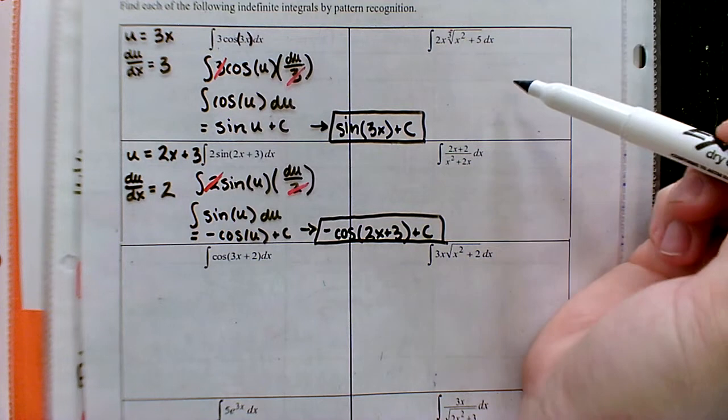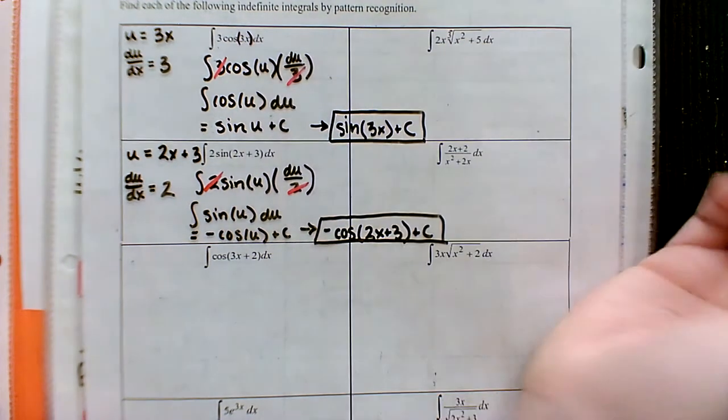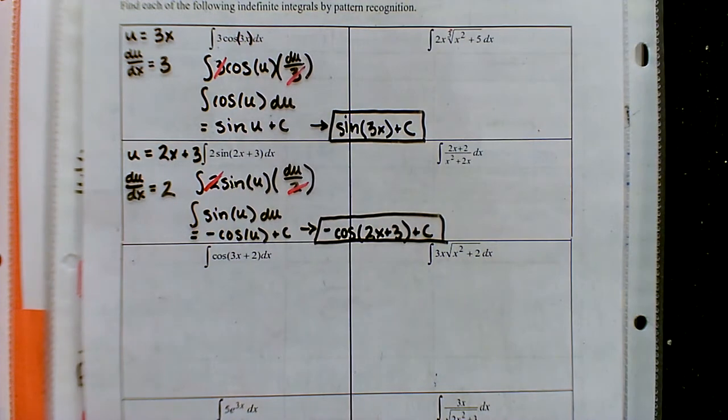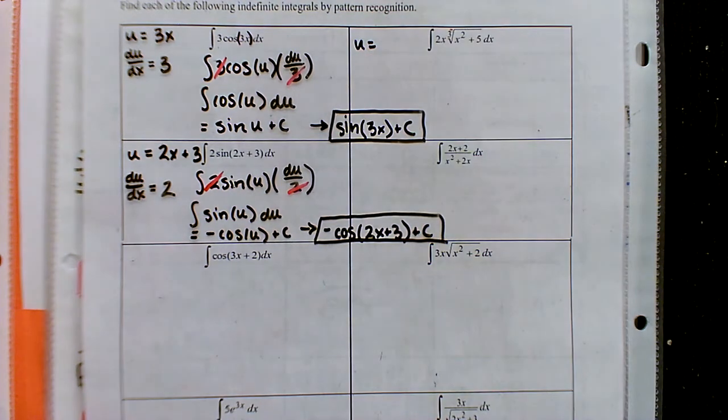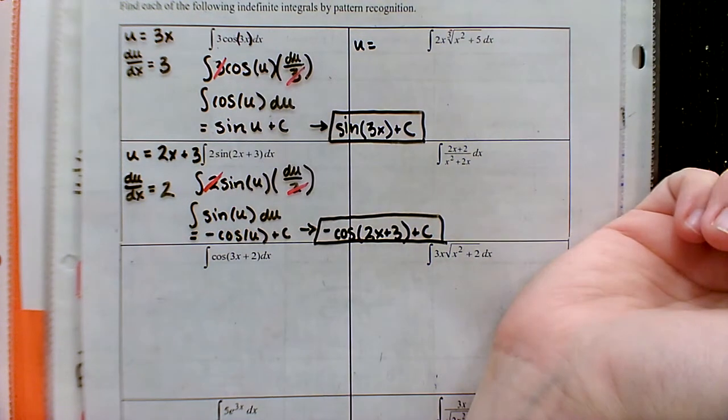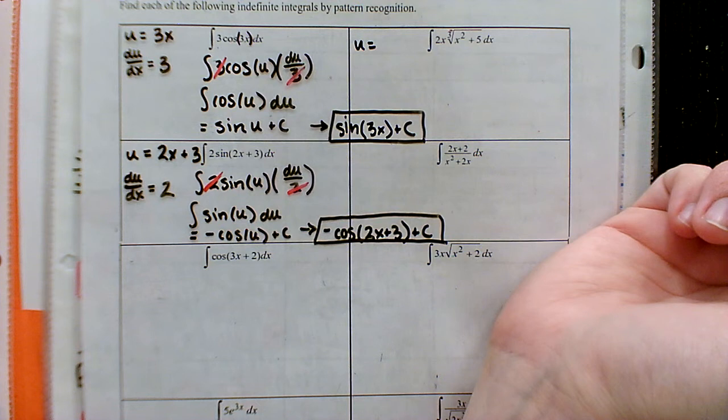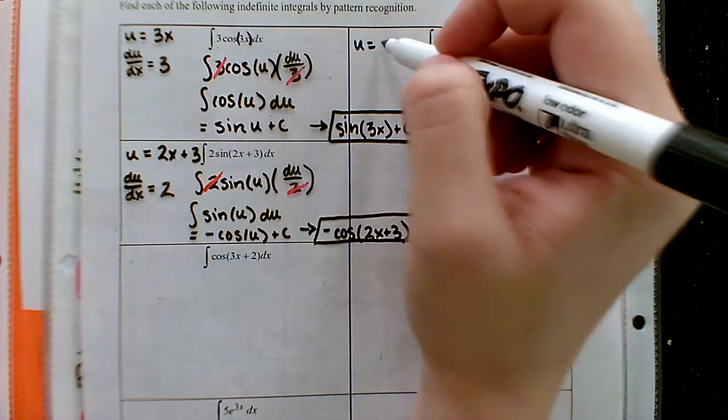Let's go ahead and jump back up to this corner one. Is there anything that you notice to be on the inside? We'll let that be u. Inside the, oh, wait, that is a cube root, yes. That's right.